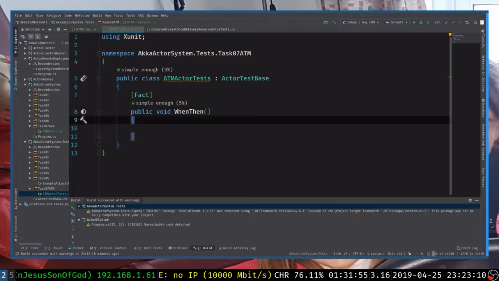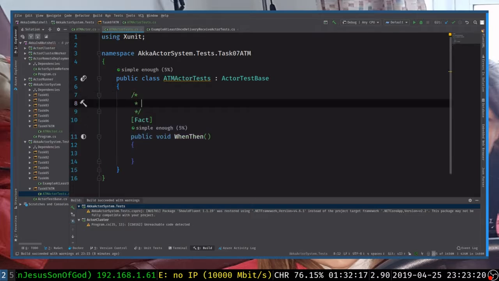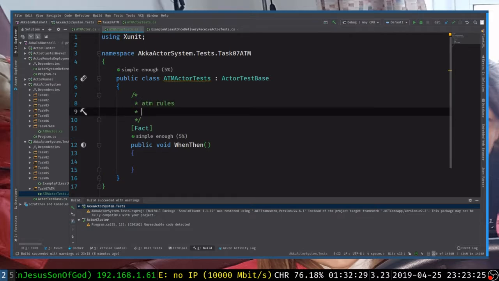Let me think what the actor should do. Okay, so if we think about it, an ATM will have to dispense some money, so let's make some assumptions. ATM rules. Okay, first, we're going to have notes of 200, 100, sorry, 50 and 20.